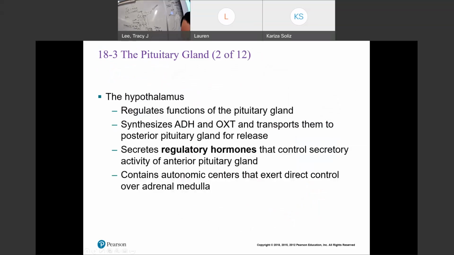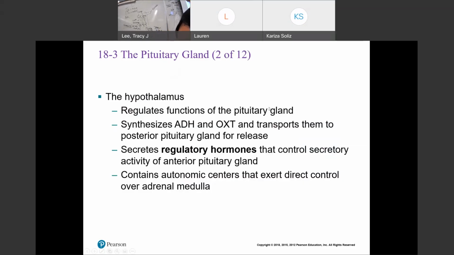All right, the hypothalamus secretes a lot of regulatory hormones. What does that mean? It's saying, hey, pituitary gland, go release a hormone that tells this gland to do this. So it's basically doing a lot of your stimulating hormones, like thyroid stimulating hormone, which tells the pituitary gland to secrete.